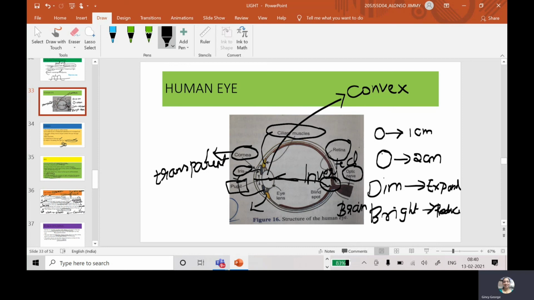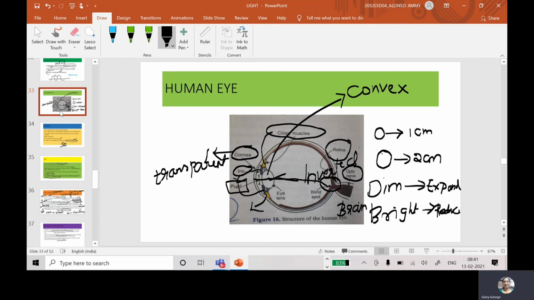Both the rods and cones are absent and this area is insensitive to light, so you cannot see anything if the light falls there.